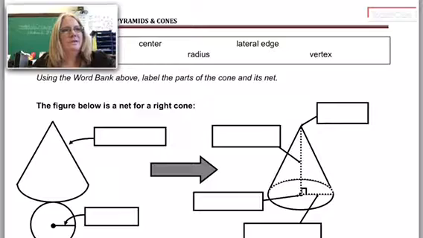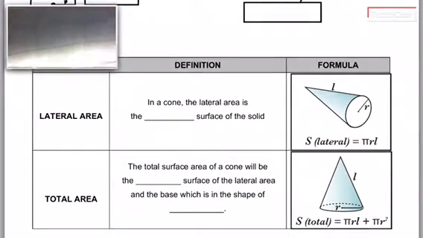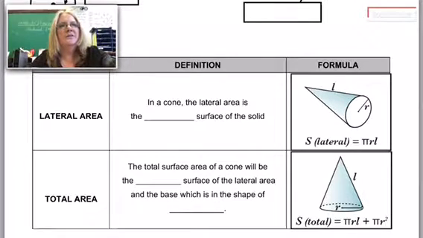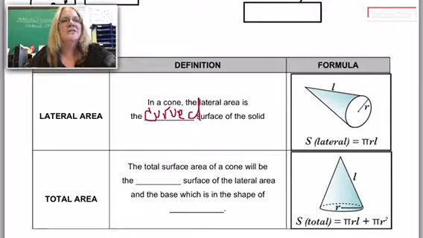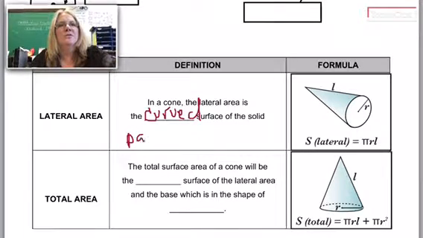So when we look down here at the definitions, the lateral edges say that we have the curved surface of the solid. It looks curved, and when you look at the net, it's like part of a circle.